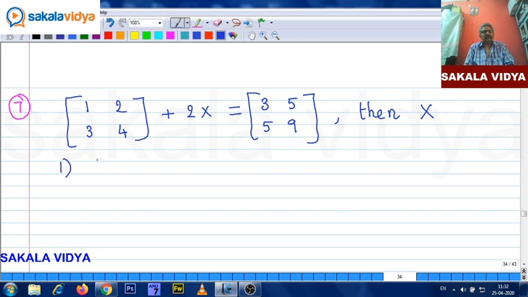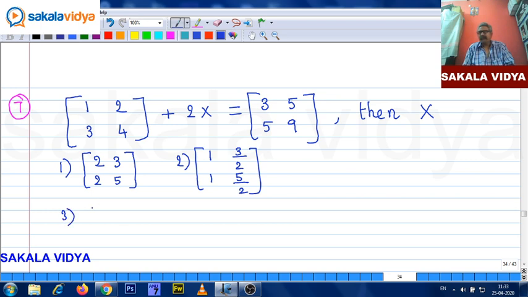First option: 2, 3, 2, 5. Second option: 1, 3 by 2, 1, 5 by 2. Third option: -2, -3, 2, 5. Fourth option: 1, 3 by 2, -1, -5 by 2.